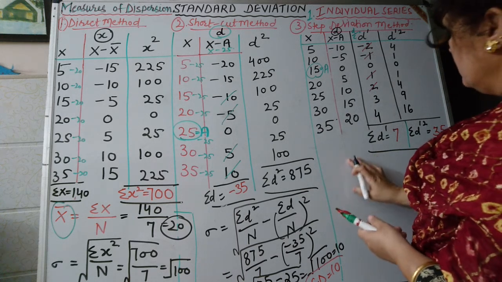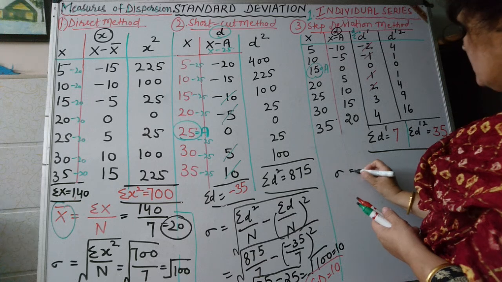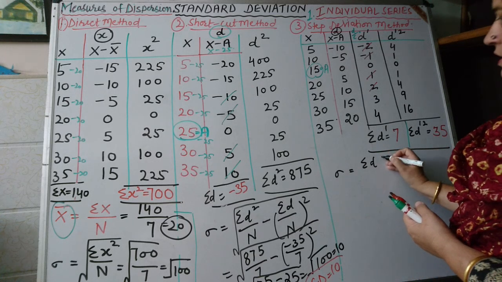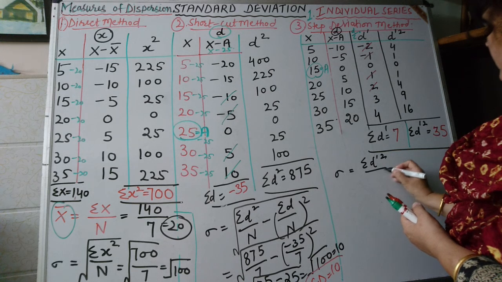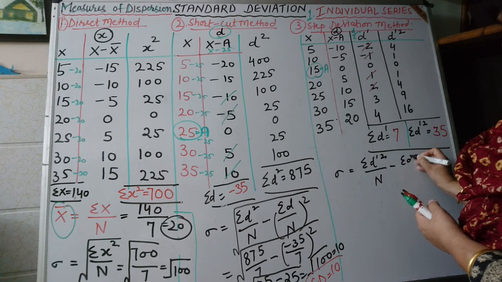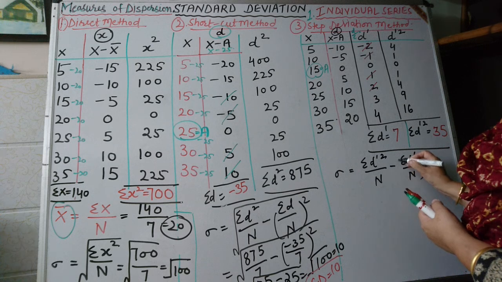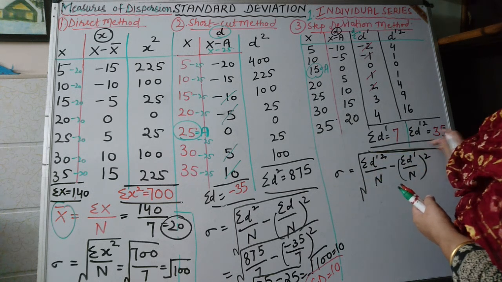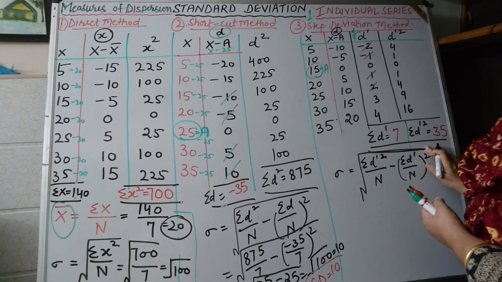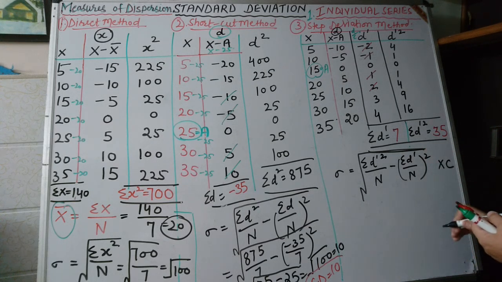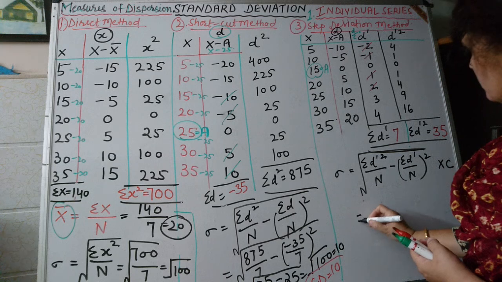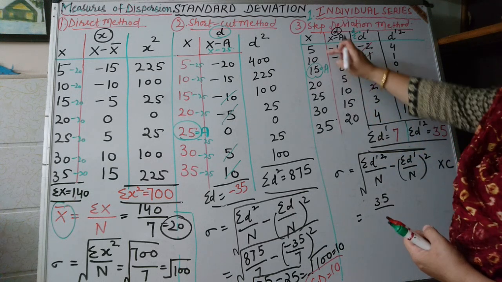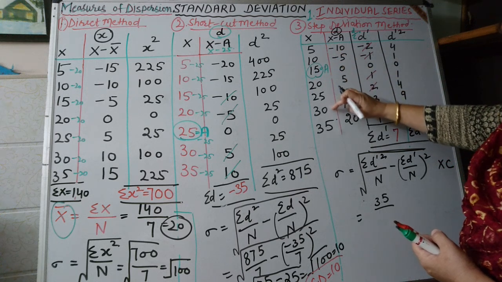So let us apply the formula. Standard deviation is equal to under root of sigma d dash square divided by n minus sigma d dash divided by n whole square, multiplied by common class interval. Sigma d dash square is equal to 35, and the items are 1, 2, 3, 4, 5, 6, 7.